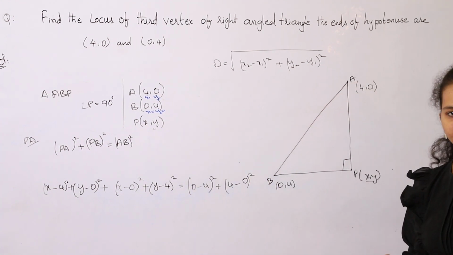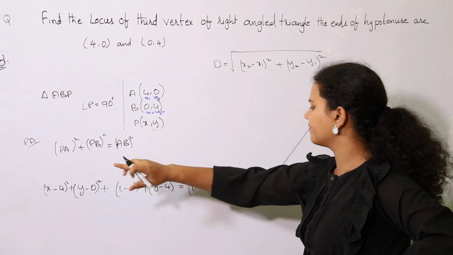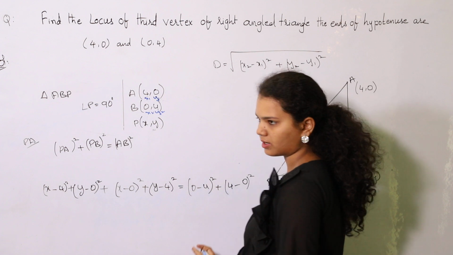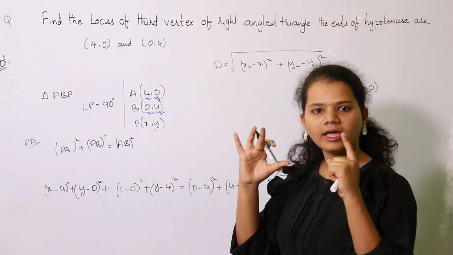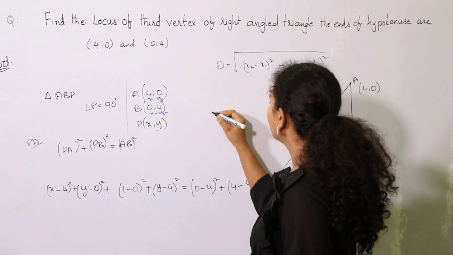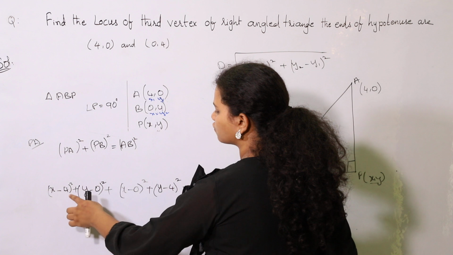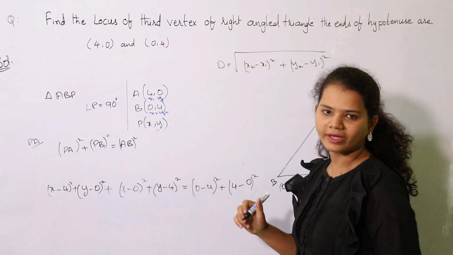Clear till here? Now guys, here it is nothing but solving this whole equation. If you solve the whole equation, we will get a simplified equation. So here, x minus 4 whole square is in the form of a minus b whole square, right?